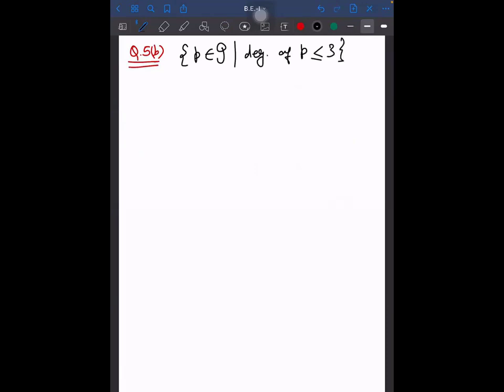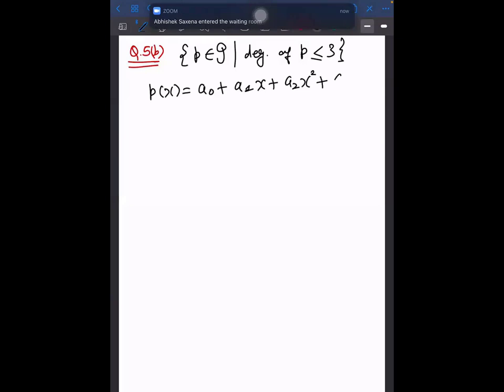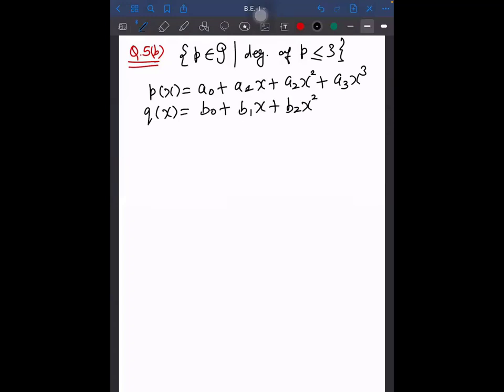Now, can this form a subspace? Yes, this will definitely make a subspace. Now see what happens. If you have px, this will be of the type a0 plus a1x plus a2x square plus a3x cube. And now you pick qx, b0 plus b1x plus b2x square plus b3x cube, where your ai's and bi's are real.